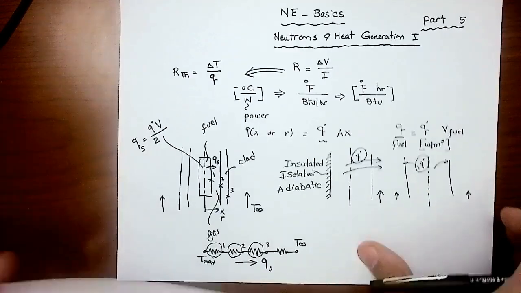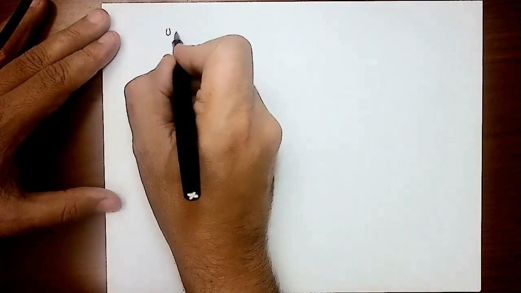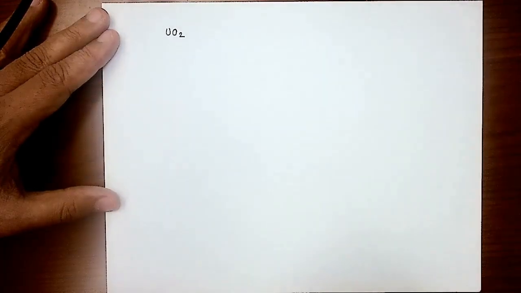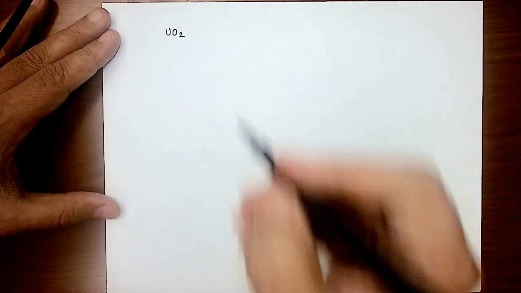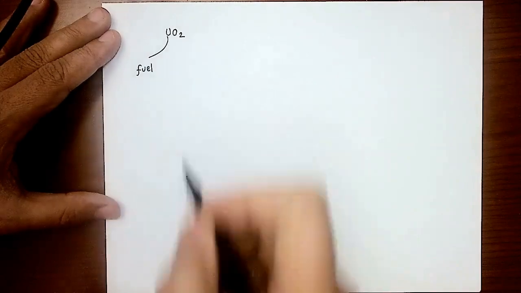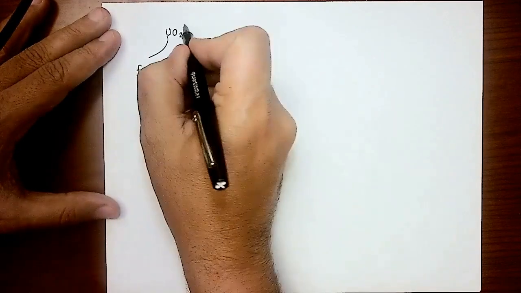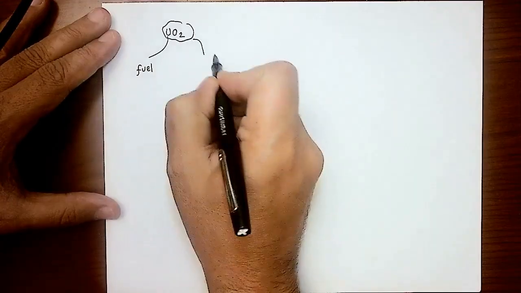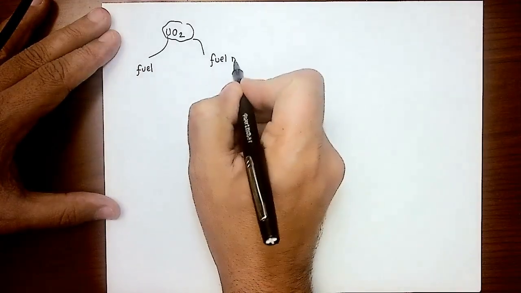So let's, again, recall a few things for those who don't have any nuclear engineering background. Okay, what's happening? I have a fuel. That fuel contains, an example of a fuel is uranium oxide. That's one of the most used fuels in nuclear. So we have uranium, that's called the fuel. UO2 in total here is called the fuel material.